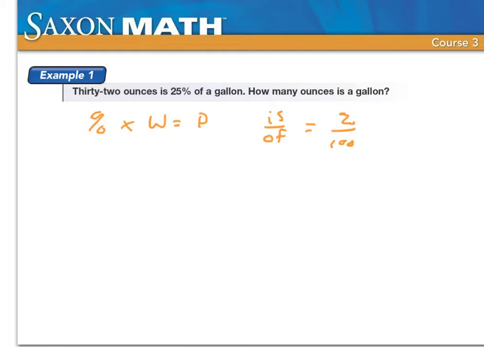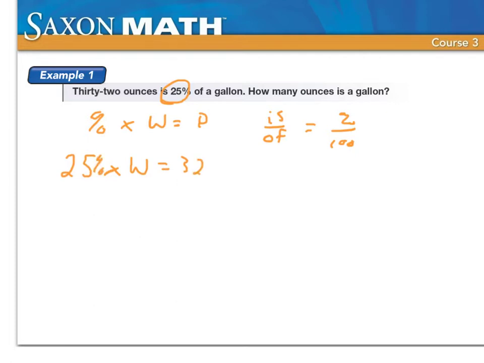Okay, they give us the percent right here. It's 25 times. Now we need to think about, is 32 ounces the part or the whole? Okay, well, ounces are less than gallons. Okay, so that is going to be the part. So I'm trying to figure out what my whole is here. And my part is 32.